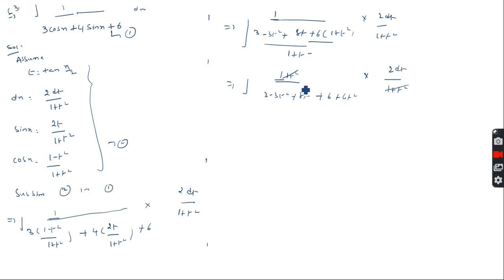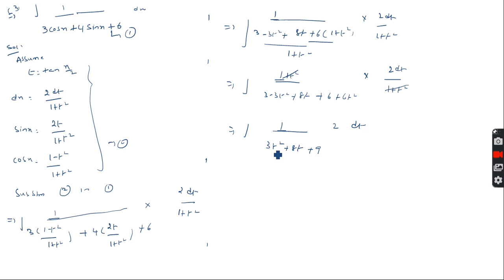The 1 plus t square cancels, and we get 6t square minus 3t square, that is 3t square, plus 8t plus 9, since 6 plus 3 is 9, into 2 dt. Finally it is converted into this.